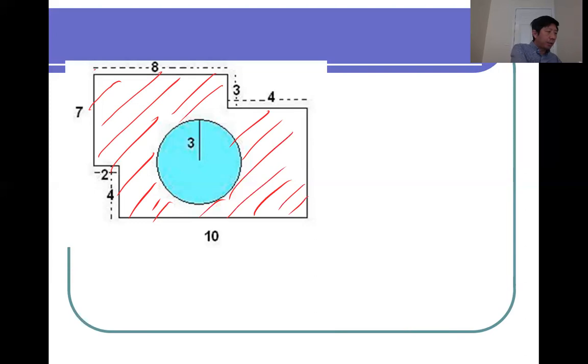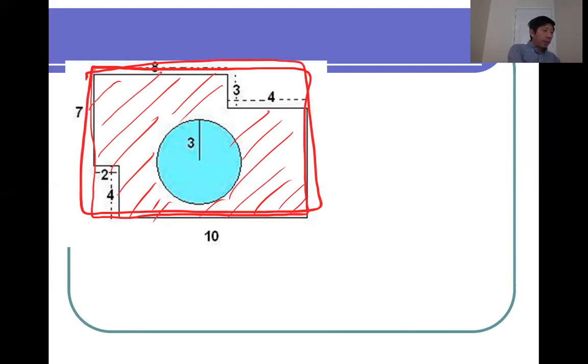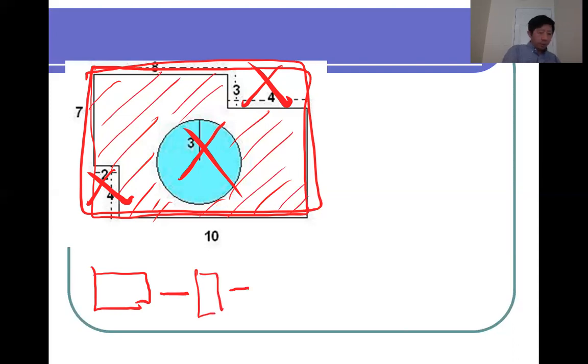Look at this rectangle. Minus this, minus this, minus this, then we get the shaded region. So I'm going to take the whole, minus 2 by 4, minus 3 by 4, minus a circle, right?